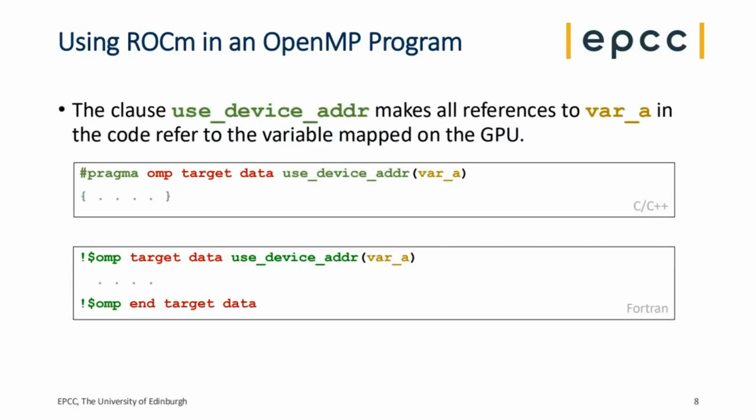You would specify alongside your OMP target construct a clause called use_device_addr, which tells OpenMP that var_a has already been mapped to the GPU. Otherwise, going into this target region, OpenMP might generate code to do the mapping of the data that it thinks is on the host, and that would be unnecessary if it's already on the GPU.